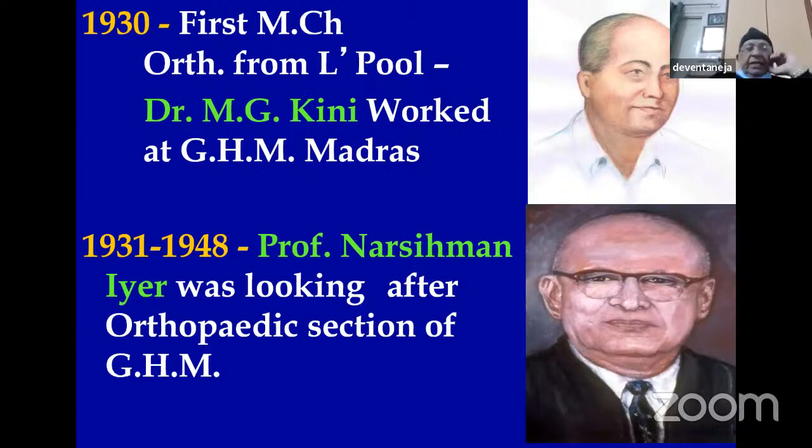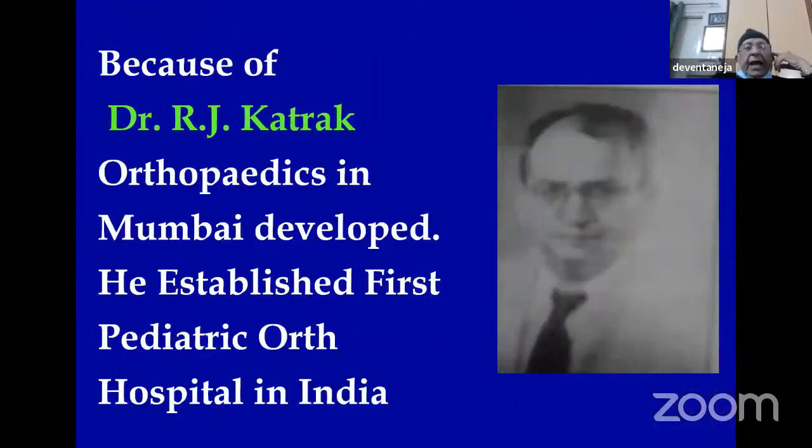From 1931 to 1948, Professor Narasimhan Iyer, I think the uncle of Dr. Balu Shankar, was looking after the orthopedic section of the General Hospital, Madras. And it was Dr. Katrak, who also did his MCh from Liverpool, because of whose efforts orthopedics in Mumbai developed.